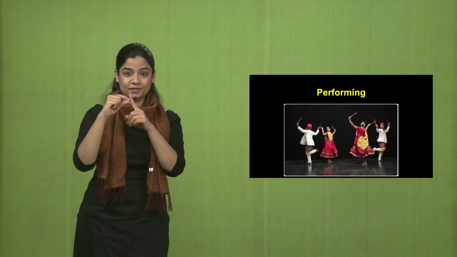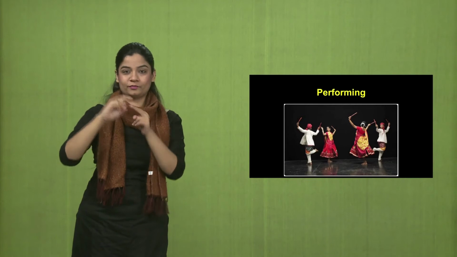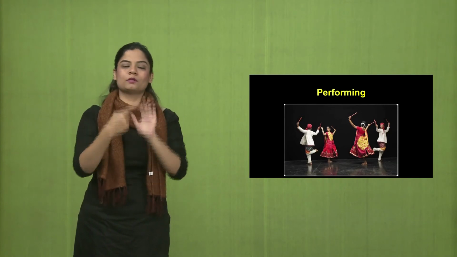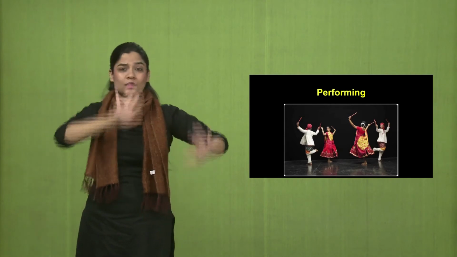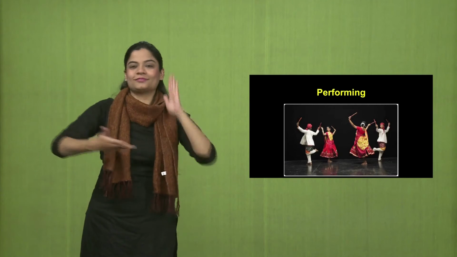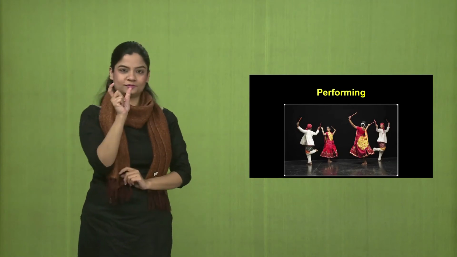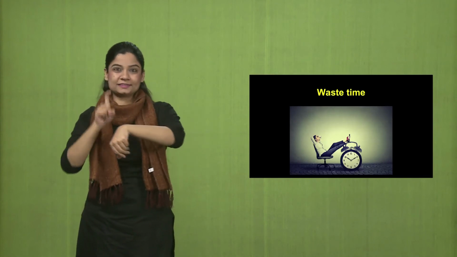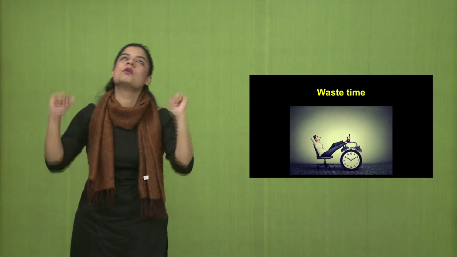Performing, to showcase an activity, be it drama, music, lectures, dance, anything of that sort that is showcased on stage. Waste time. Waste time is underutilized time, wasting your time and effort. It's called waste time.